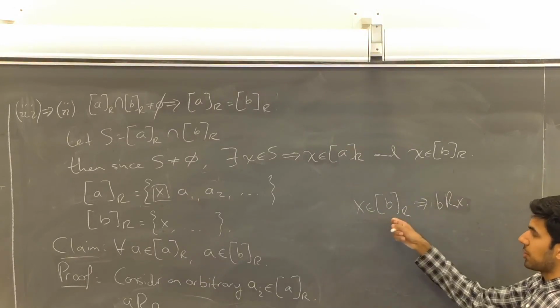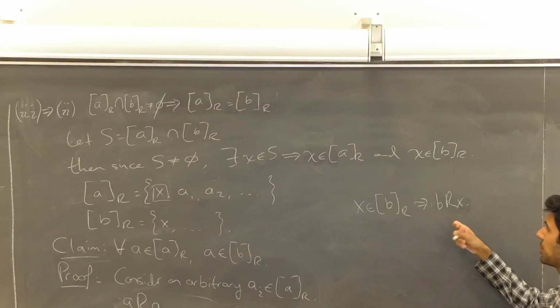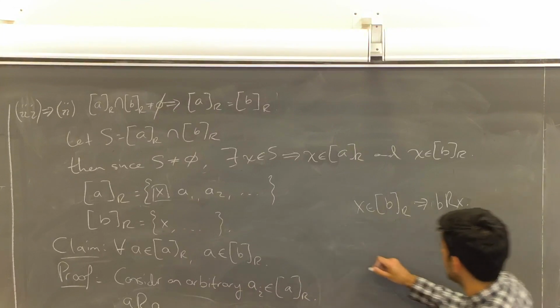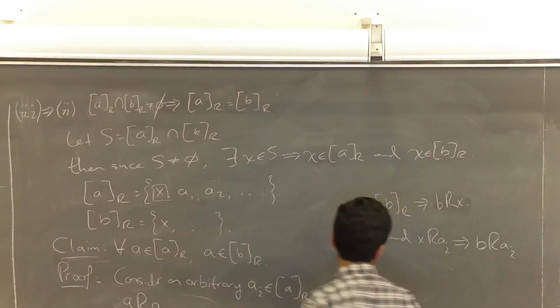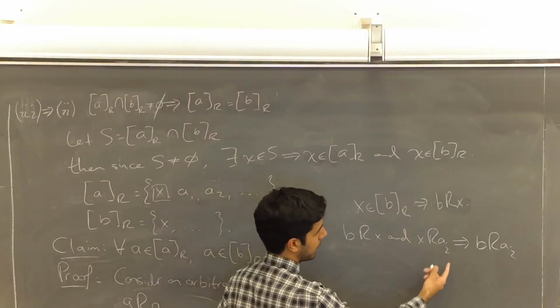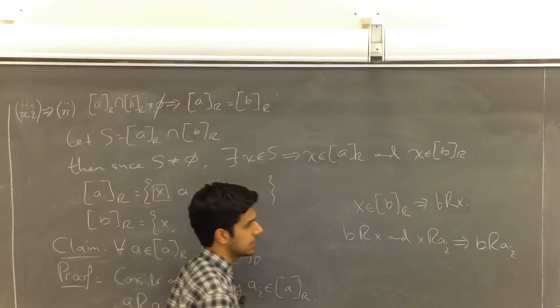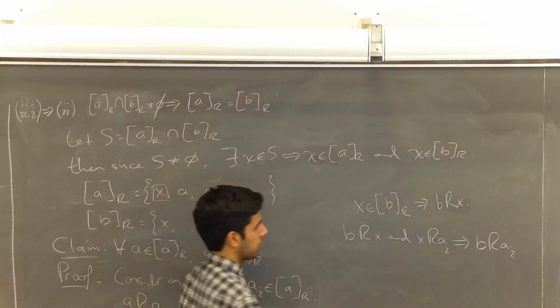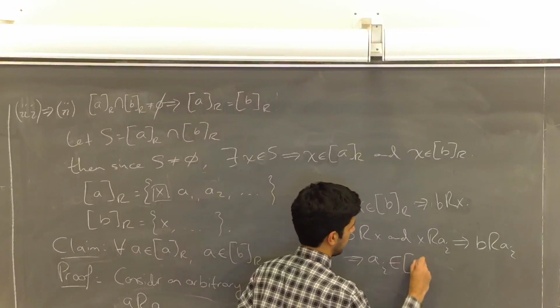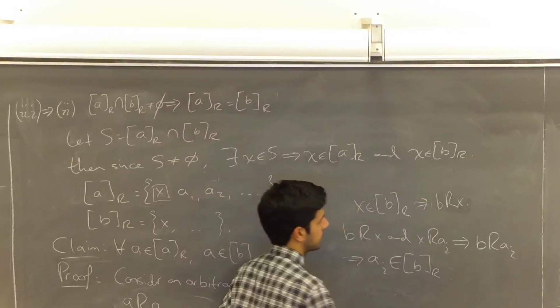This is quite helpful because now we can look at this equivalence class here. So since we know X also appears in this equivalence class, we know B is related to X. Well, if we know that, and we know this, then we can use transitivity. Since B is related to X and X is related to A sub I, by transitivity, B is related to A sub I. What that means is that A sub I is going to be in this equivalence class as well.